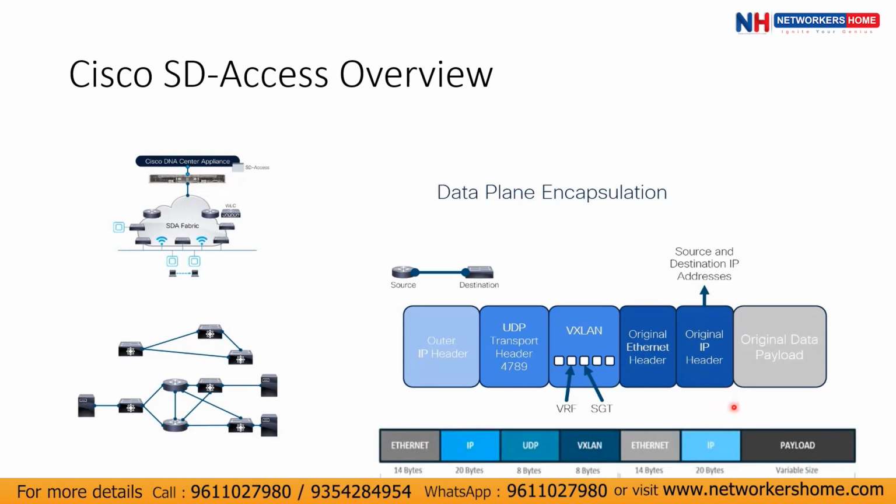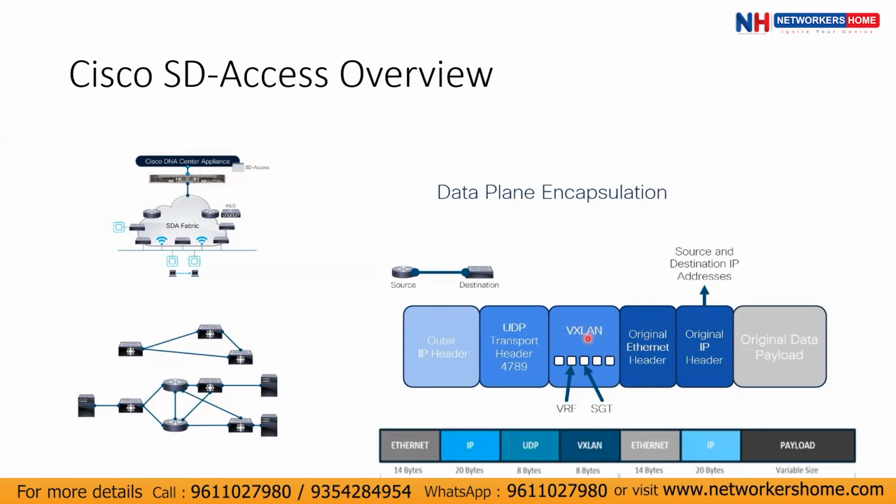Now, you have your original data payload, then your original IP header, then your original Ethernet, your layer 2 frame, right? And on top of that, you have your VXLAN header. In the VXLAN header, we have the VRF and SGT related information, which it carries from one fabric node to another fabric node.